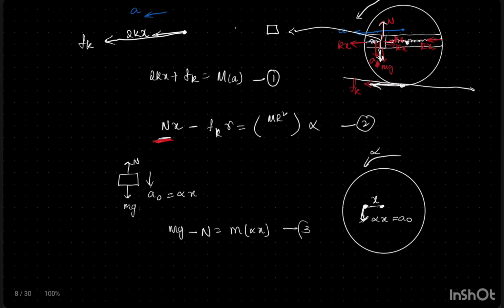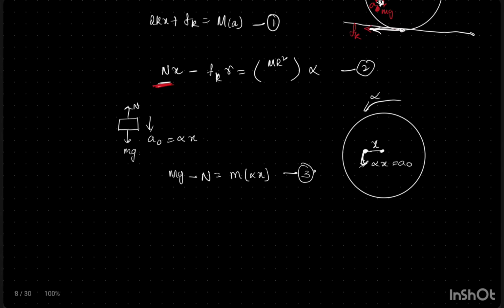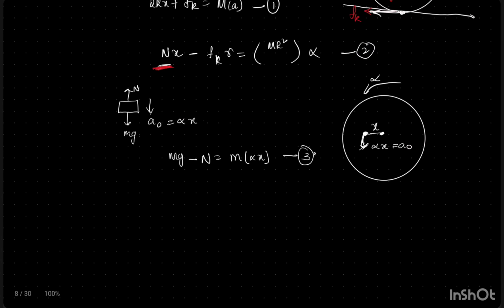If we take the third equation, let's solve all of these three. So 2kx plus fk equal to m into, let's take the acceleration as alpha into r, and let's solve it for alpha, and after that we can get the acceleration.